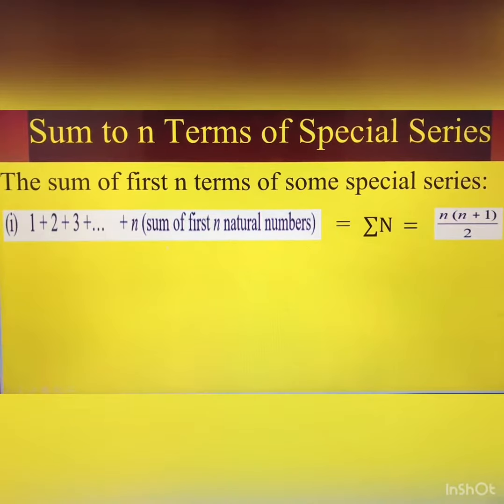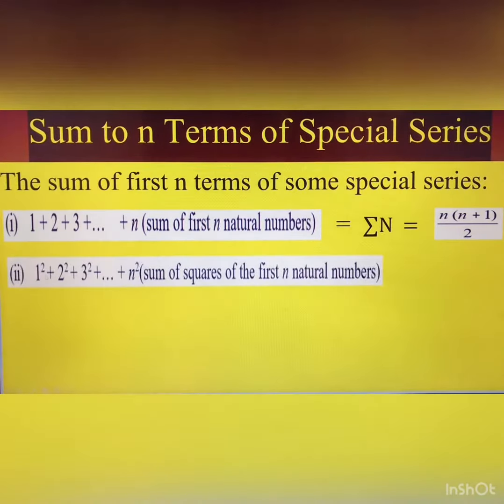For the sum of all natural numbers, we will use sigma n equals n into n plus 1 by 2. So you will put the value of n.